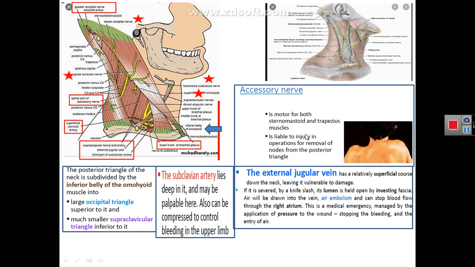Other applications in regard to the posterior triangle relate to the accessory nerve. This nerve, which we just described, is the spinal part of the accessory nerve. The accessory nerve is the 11th cranial nerve.